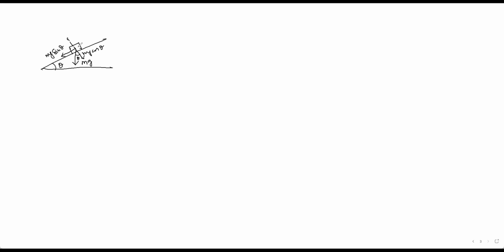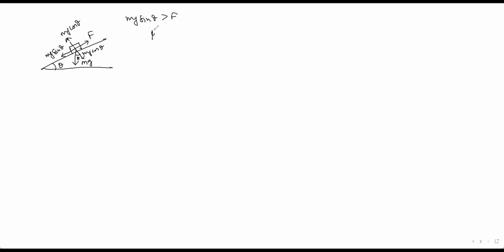But there will be a frictional force here because it is a rough surface. As it is sliding, mg sin theta is actually greater than the frictional force. The reaction force is mg cos theta.